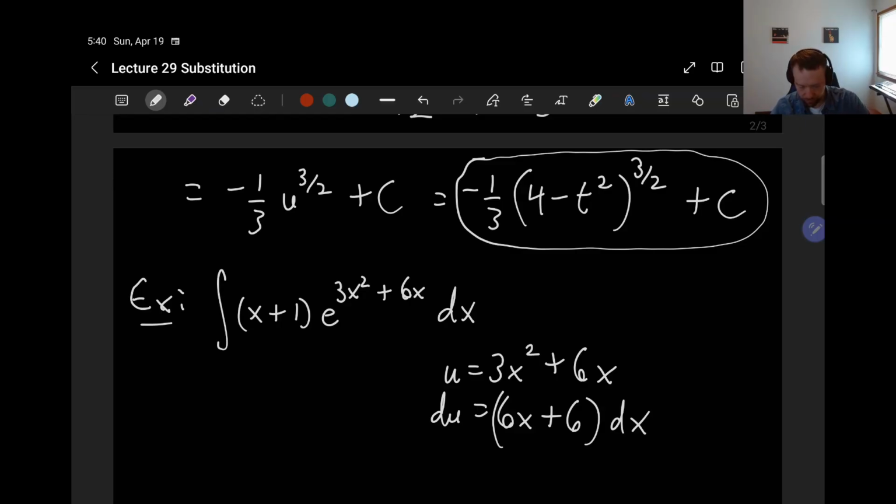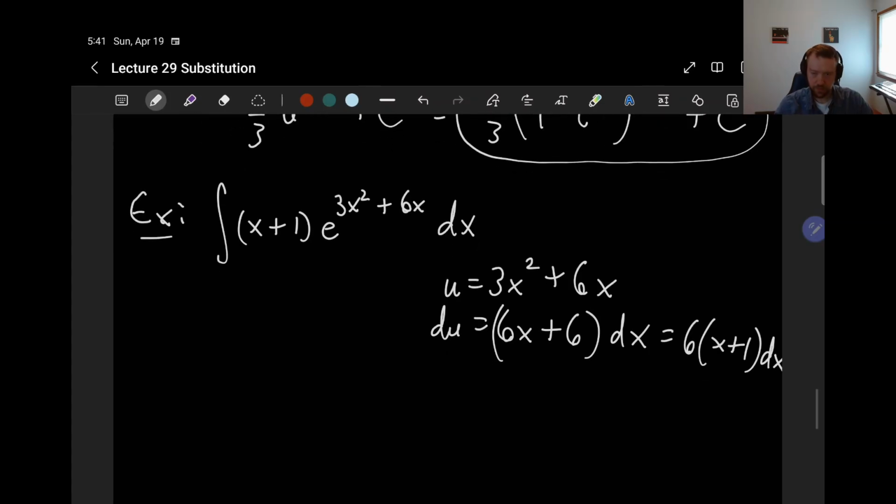And it might help if we factor out that 6, because notice I have an x plus 1 here. So if I factor out the 6, then x plus 1 is showing up now. So after I make the substitution, my new differential, du, is 6 times x plus 1 dx. Well, notice in the original integral, I have x plus 1 dx, but I don't have the 6.